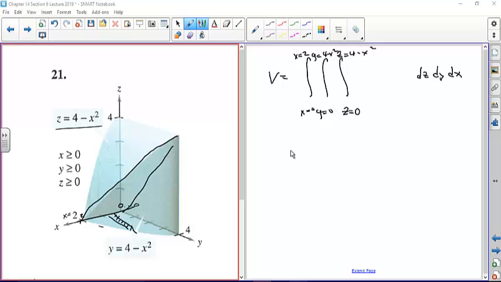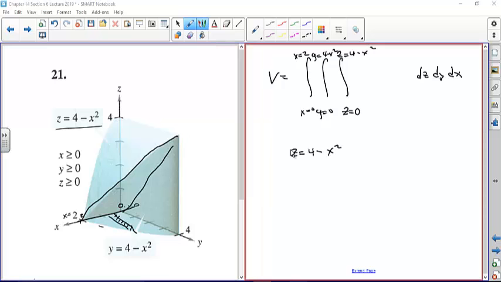So you take z equals 4 minus x squared and solve for x squared, so x squared is equal to 4 minus z, and the same thing here, y is equal to 4 minus x squared, or x squared is equal to 4 minus y. You set these equal to each other, and you get 4 minus z equals 4 minus y, and so y equals z.